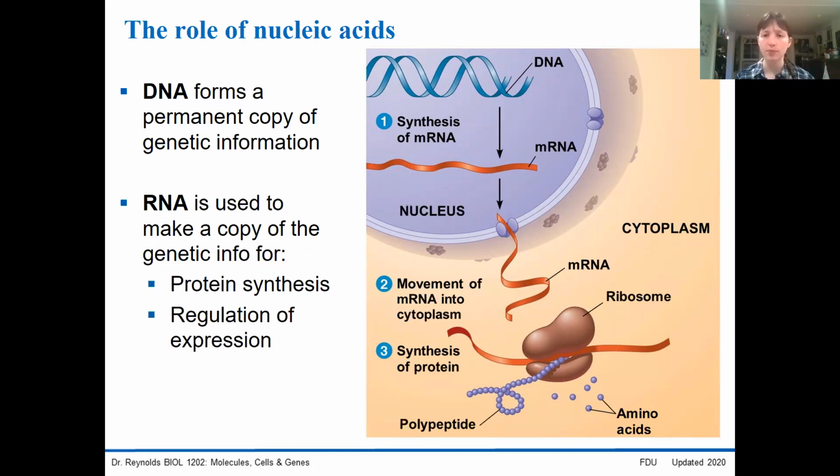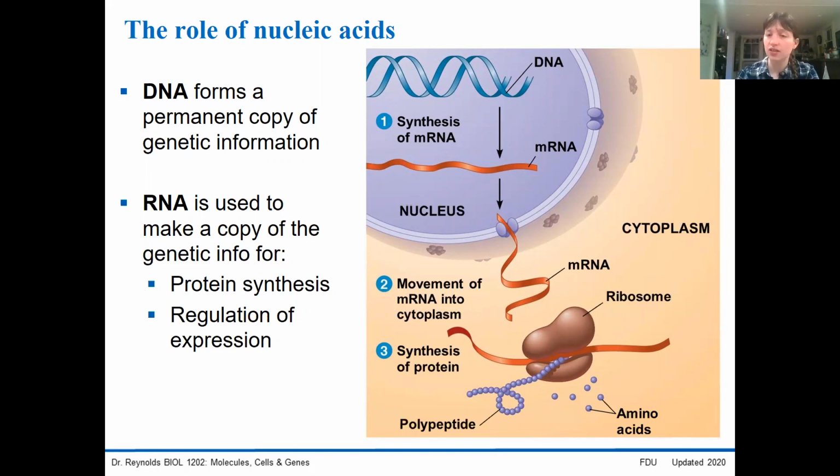But just to give you a basic introduction, DNA is responsible for forming that permanent copy of genetic information, which is stored inside of your nucleus. RNA's job is to be a copy of that genetic information that can leave the nucleus, and it can be used as a template for protein synthesis, or it can have other jobs and roles in regulating that expression.